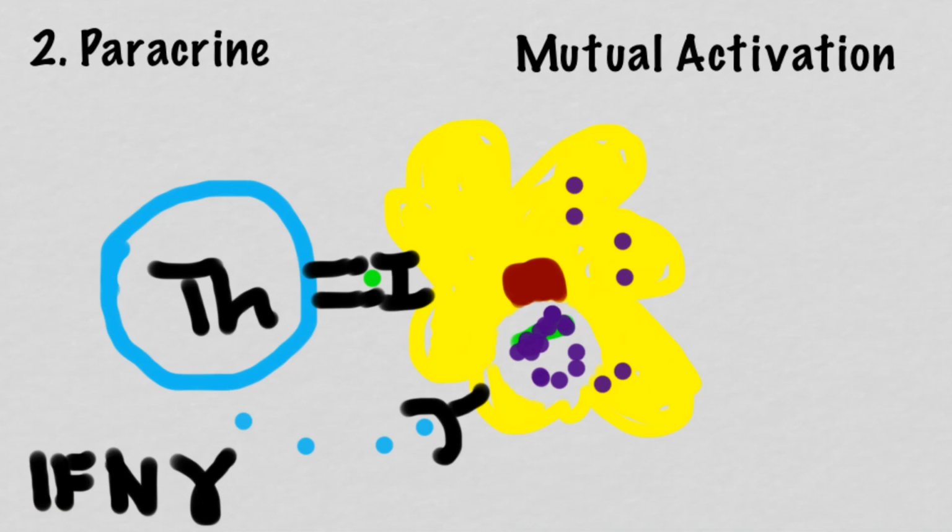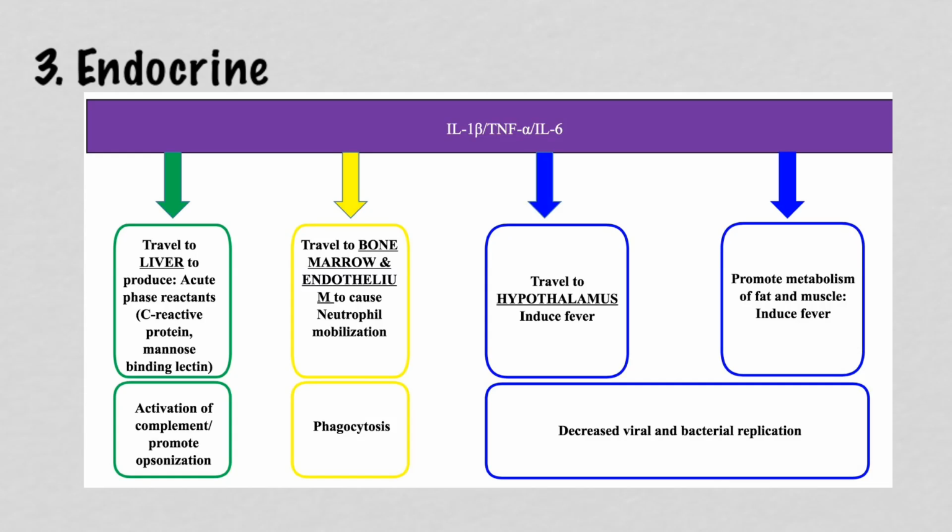IL-12 will actually activate the NK cell. It will also, in this case, if the macrophage was able to produce IL-12 toward the TH cell, the TH cell would take it and would make the Th1 CD4 positive T cell a better Th1 CD4 positive T cell. So IL-12 can work in both the innate and the adaptive immune response.